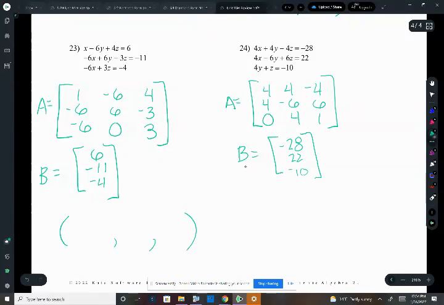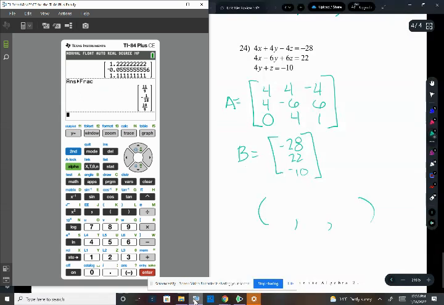Oh, I forgot to write our solutions over here. So our solutions were negative 11 ninths, negative 1/18, and 10 ninths. Okay. And then our solution here is going to be the same. Okay, we're going to get 3 points. Hopefully.